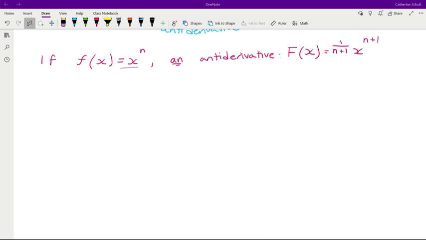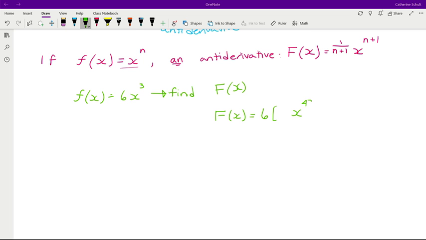So let's try some examples, or let's try one example. Let's say we're looking at 6x cubed, and we want to find the antiderivative, f of x. All right, well, let's just focus on x cubed because this is a constant, so we can worry about the constants at the end. Well, what's the antiderivative of x cubed?